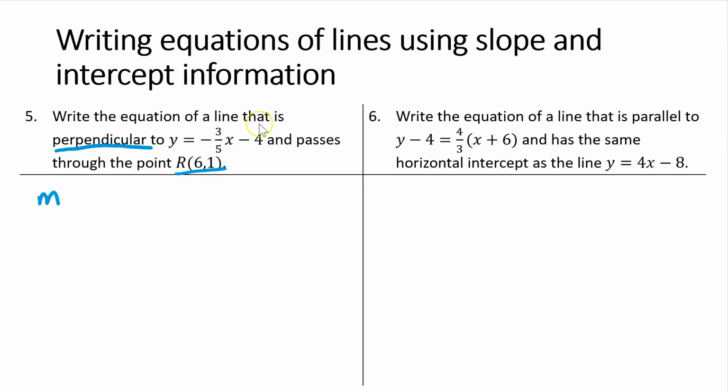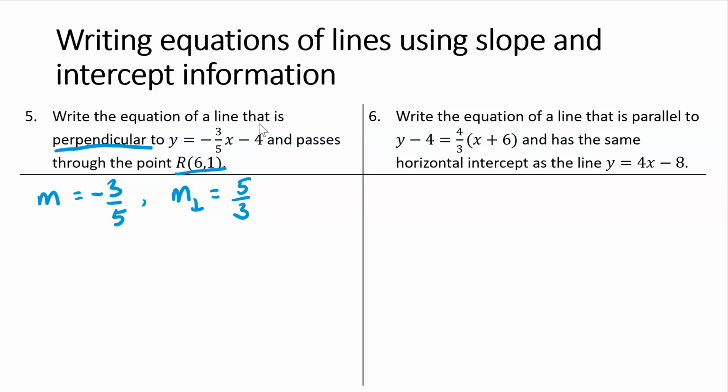The slope of the line that's given to us is negative 3 over 5. Our line is going to be perpendicular to that. So the perpendicular slope we know is the negative reciprocal. Negative meaning if we had a negative, now our perpendicular line is going to be positive. And then the reciprocal of 3 over 5 is 5 over 3. So that's our slope.